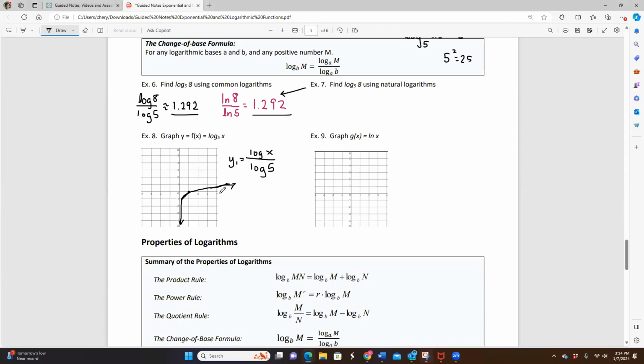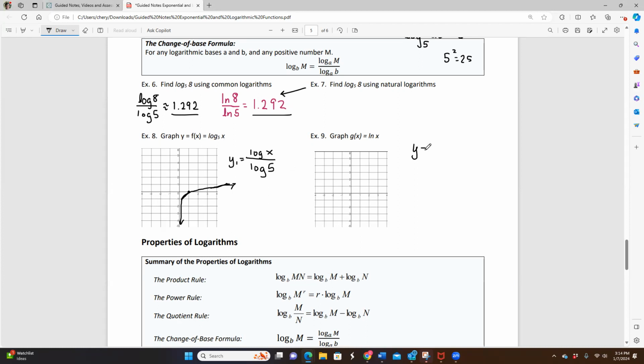This is what most of the logarithmic graphs look like, but this will be unique because it is the graph of the log base 5 of x. So it's going to be a little bit flatter along here and a little bit steeper back over here than like log base 2. Now, if we wanted to graph the natural log of x, your calculator will do that.